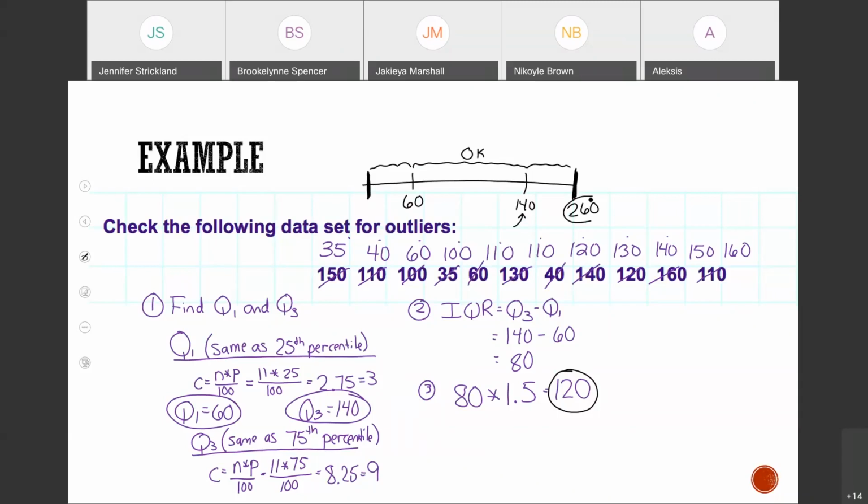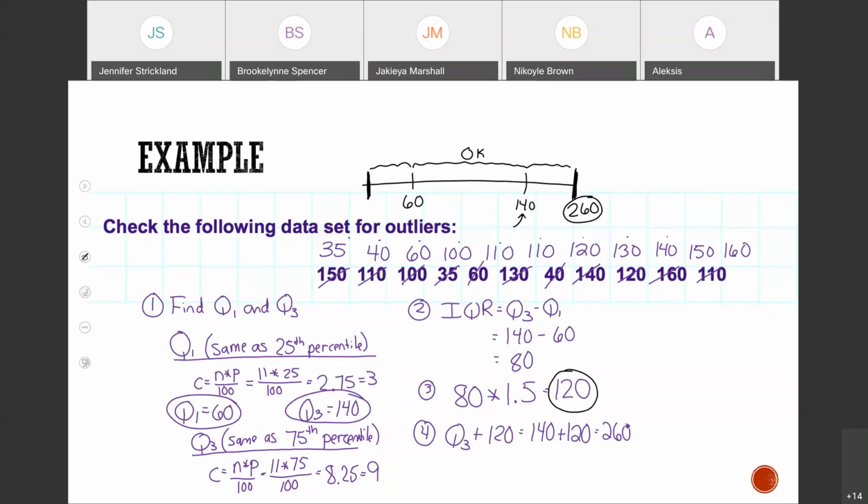We get that by, as step 4 says, taking Q3 and adding that number. So 140 plus 120 gave me 260. That was part of what we wrote down for step 4, to add it to Q3.